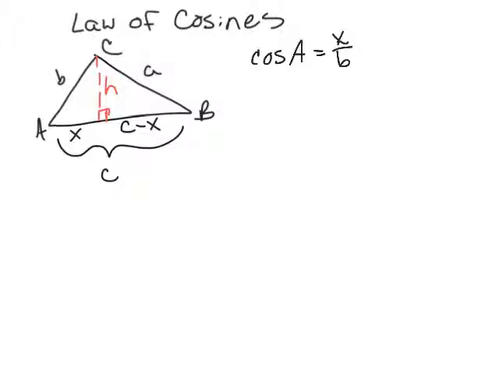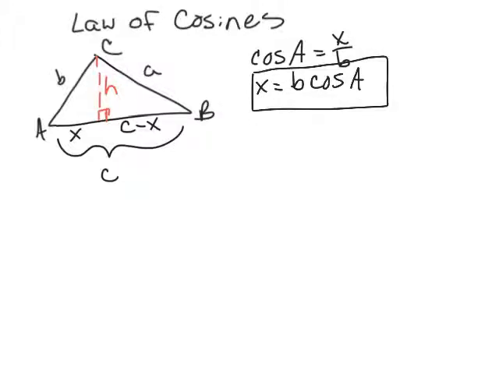And that means I can have an expression for x, because eventually I want to get rid of x and h when I'm all done. So if I multiply both sides by little b, I end up with an expression for x. X is b cosine of A. I'm going to box that in because I'm going to get away from it for a while, but I want to be able to find it again. X is equal to b cosine of A.